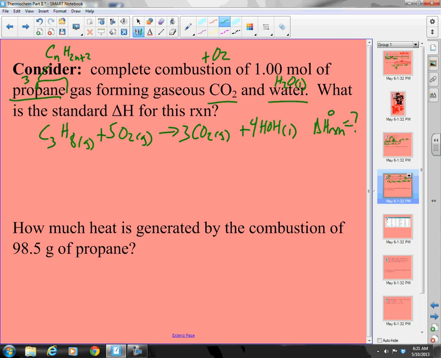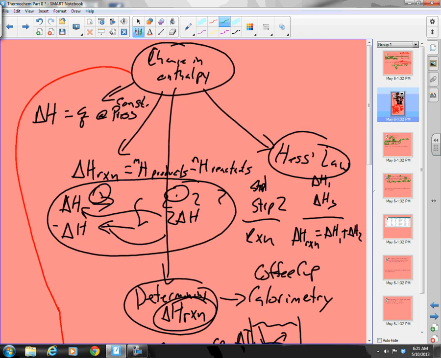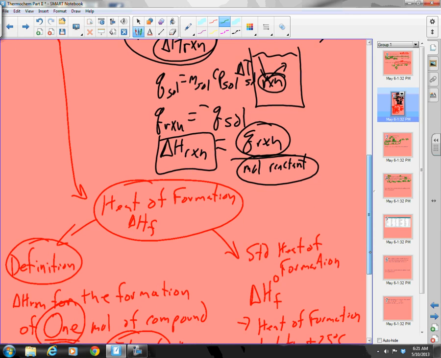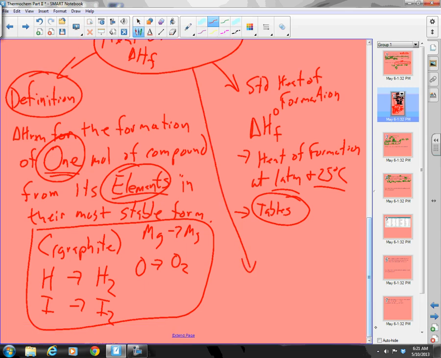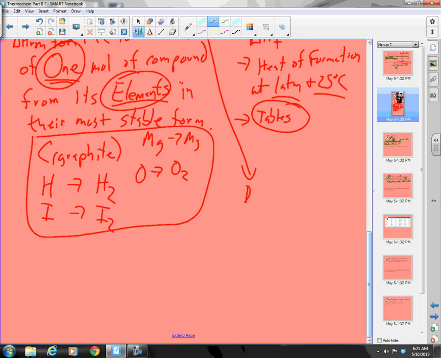Well, here's the cool thing about my heats of formation is I told you there are tables, and so we can say, determining delta H reaction, standard heat of reaction from standard heat of formation data.